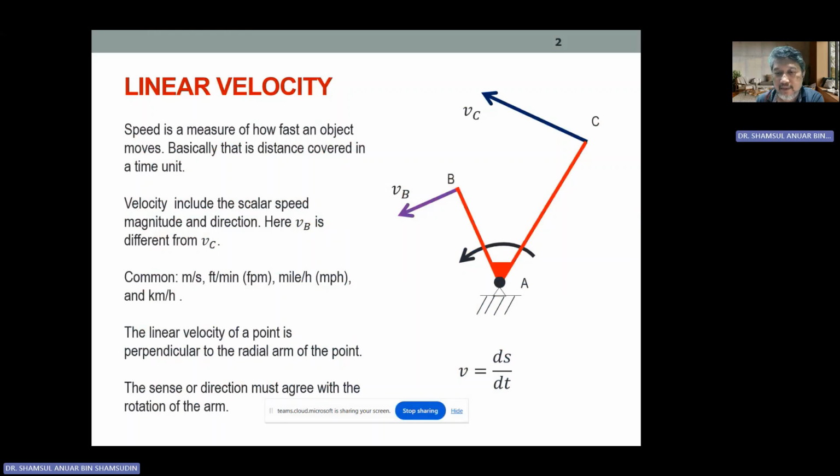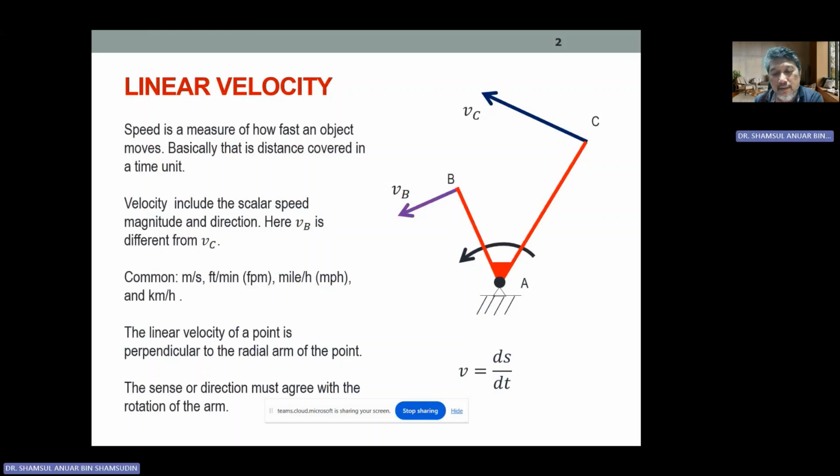One is the linear velocity, which is straight lines, and then next is the rotational velocity or angular velocity, which is shown by this curved arrow.